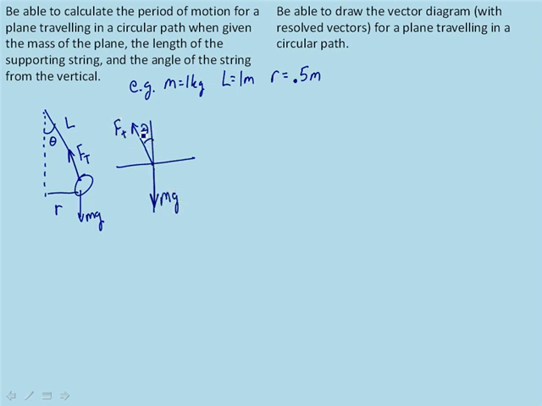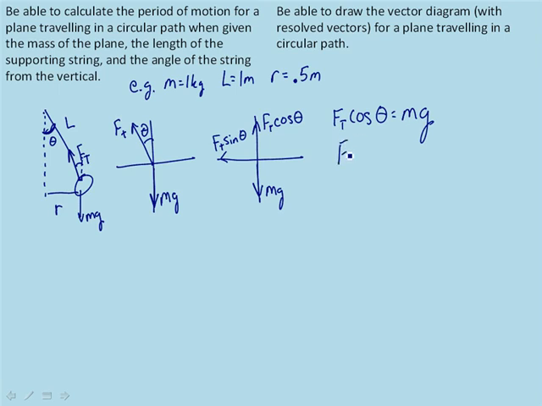This is my angle theta. This angle is the same as this angle. I can further simplify this. This is Ft cosine of theta. This is Ft sine of theta. And this is mg. Ft cosine of theta from Newton's second law is equal to mg.